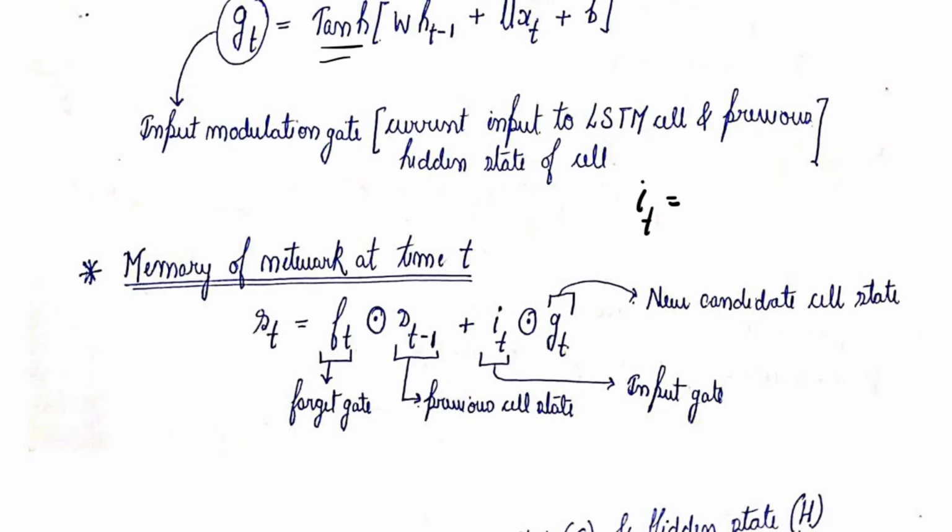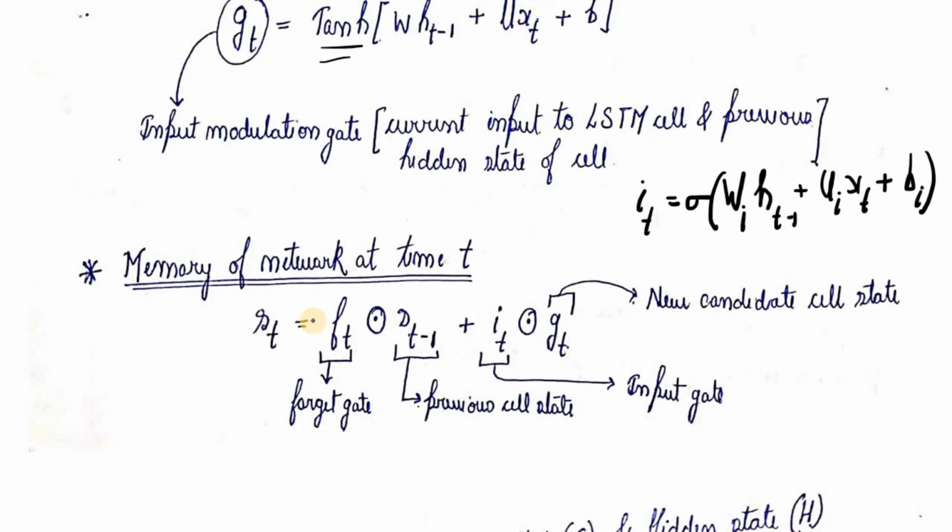So i_t is going to be pretty trivial. It is going to be W_i over h_{t-1} plus U_i x_t plus b_i. It is just the same format, and then I write a sigmoid activation function on top of it, and it tells us the percentage of the input information we need to add to the cell state.